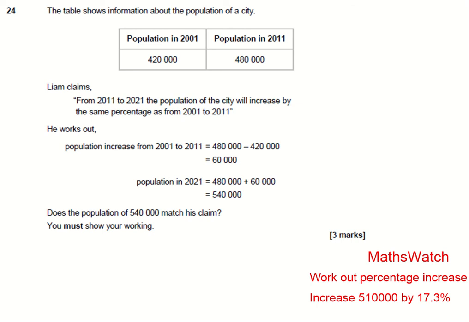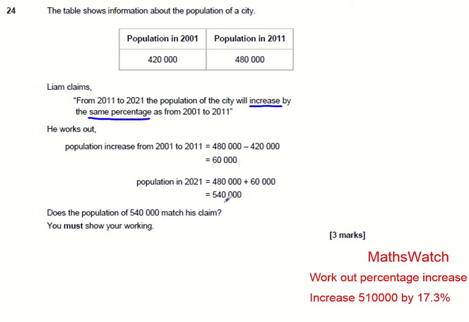Right, a lot to unpack here, but the main thing is he's increasing by the same percentage. And that's what we need to test. We need to work out what the percentage increase is from 2001 to 2011, find that percentage, and then increase the 480,000 by the same percentage to see whether we get the same answer.